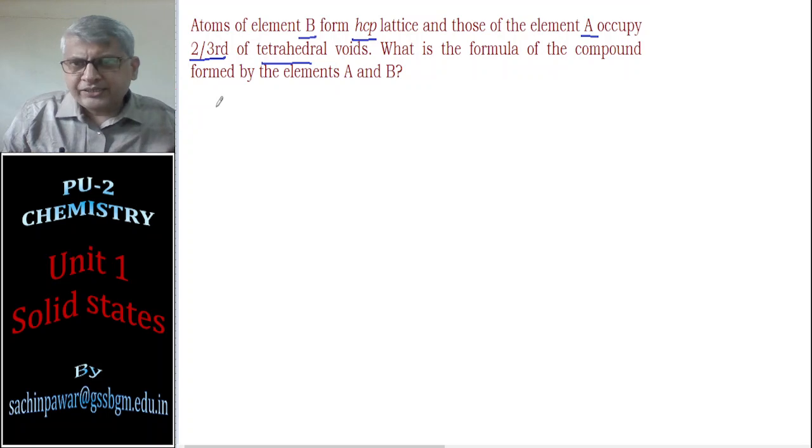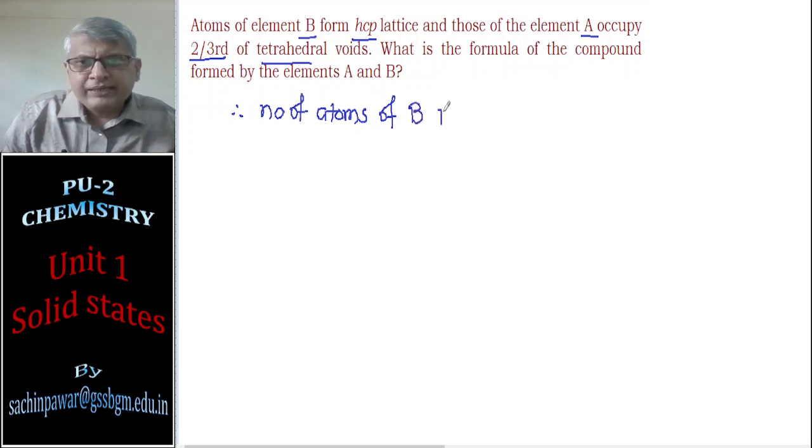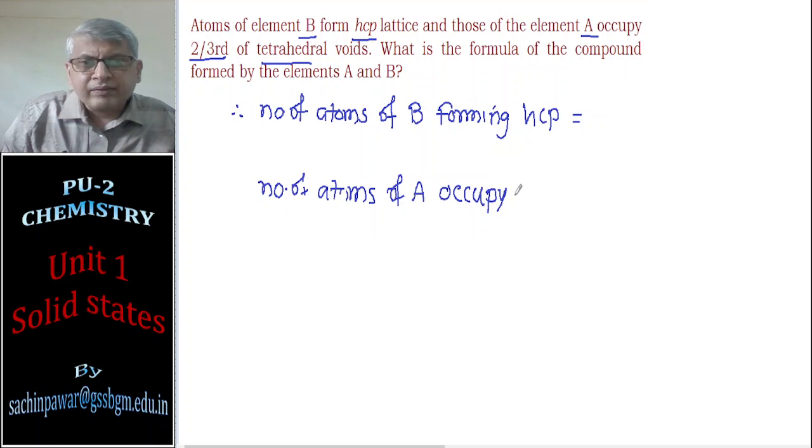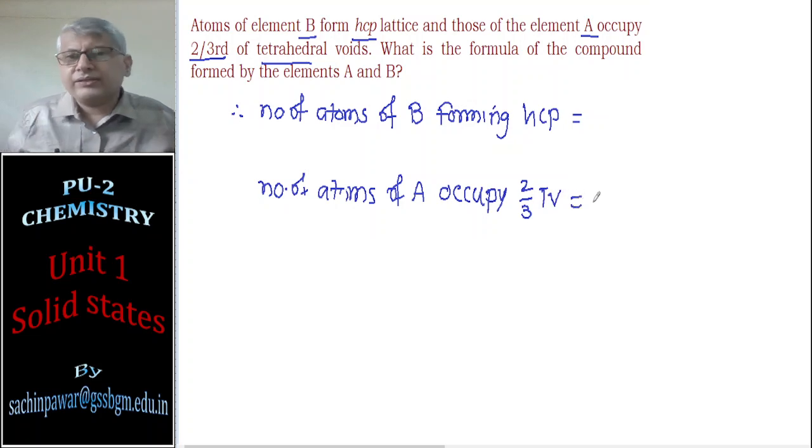So B is forming HCP and A is in 2/3 of the tetrahedral voids. Therefore the number of atoms of B forming HCP I want, and I want the number of atoms of A occupying 2/3 of the tetrahedral voids.